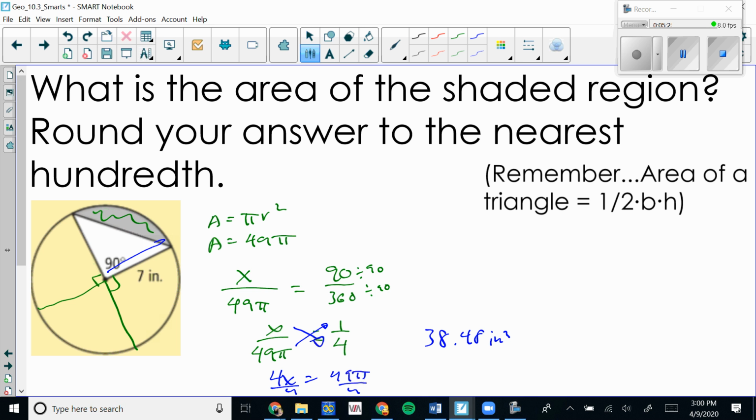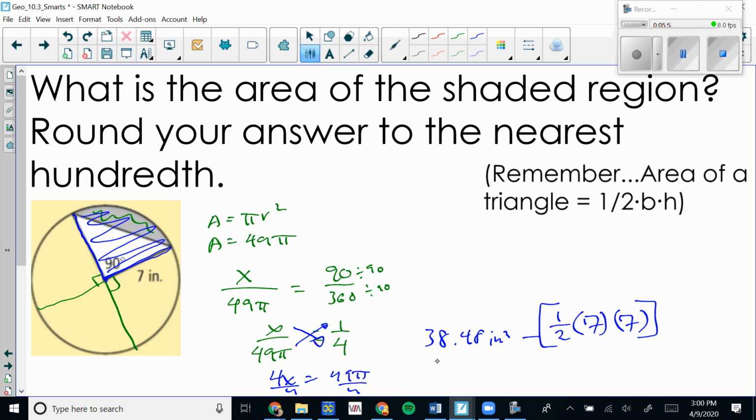Currently we have everything in blue, and I just want the green part. So I now need to subtract the area of that triangle. Since these are both radii, 7 inches and 7 inches, the area of the triangle is 1/2 base times height, where the base is 7 and the height is 7. I'm going to put this in parentheses.